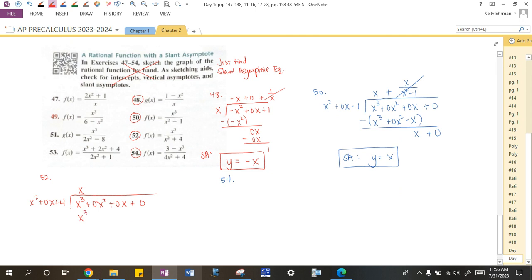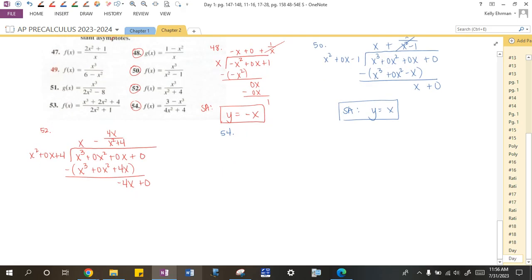So that's going to be x cubed plus 0x squared plus 4x. Subtract: 0, 0, negative 4x. That's a remainder. Ignore the remainder. This is another slant asymptote of y equals x.